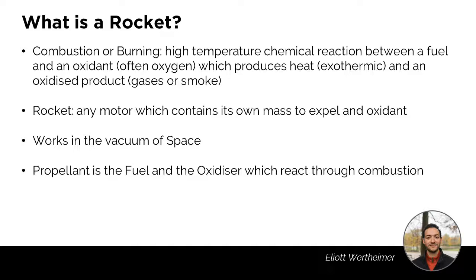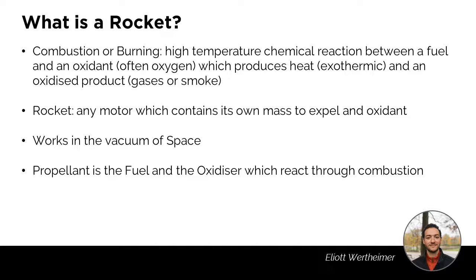This fuel and this oxidant react chemically and produce two things. First of all, heat, and that's why this kind of reaction is called exothermic. They produce a lot of heat, and an oxidized product, which is basically the result of this fuel and oxidizer reacting together. For example, in cars, this is carbon dioxide, carbon monoxide, among other things.